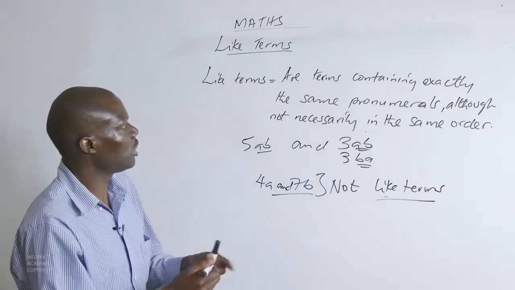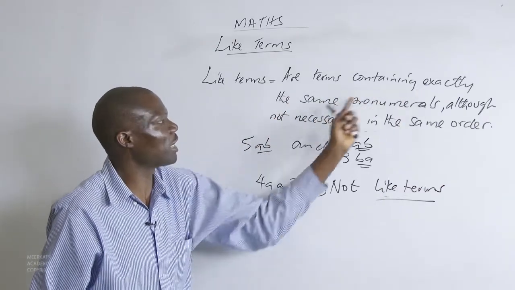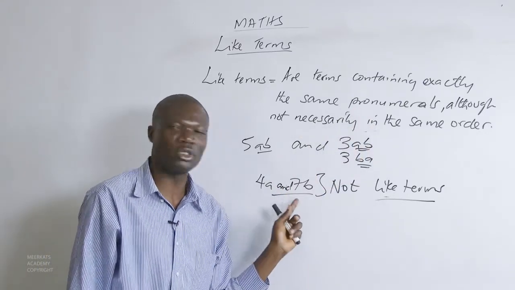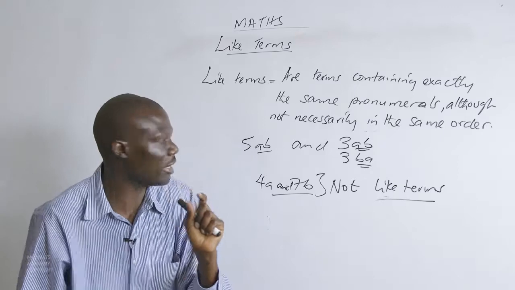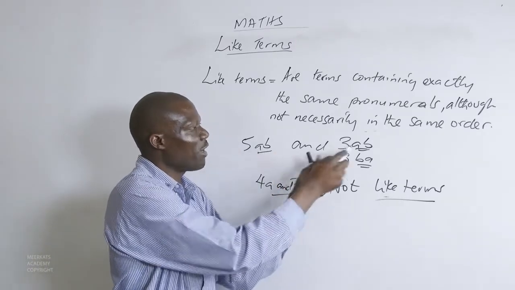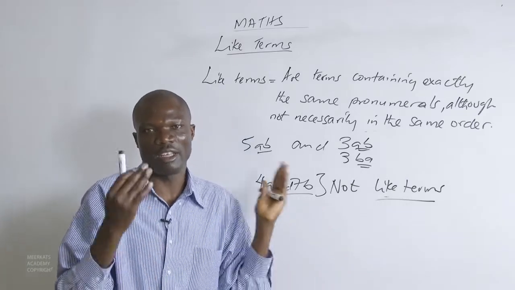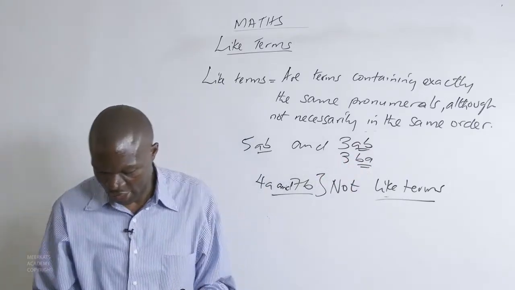Why? Because like terms must contain exactly the same pronumerals. This one has A, this one has B, so they are not alike. But for the other one, it was AB, AB, or it was AB, BA. There's no difference. They are like terms.